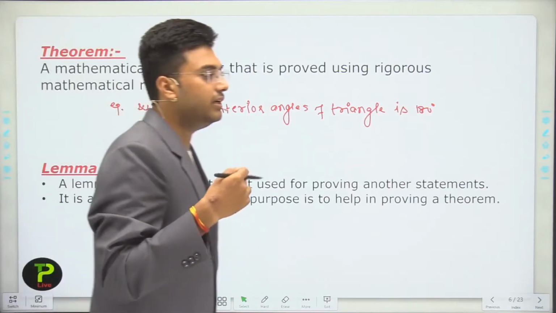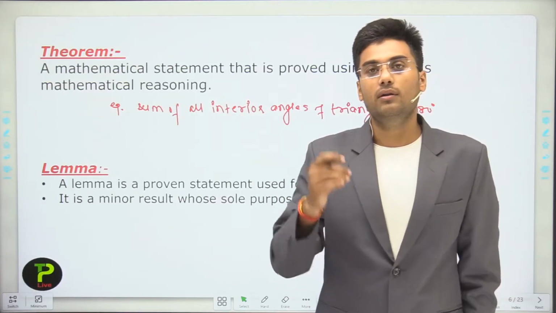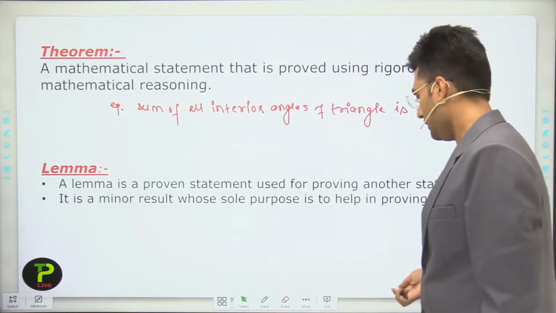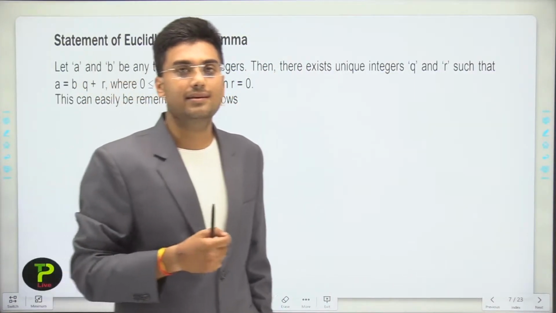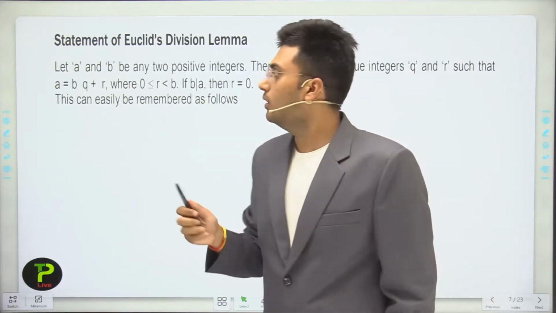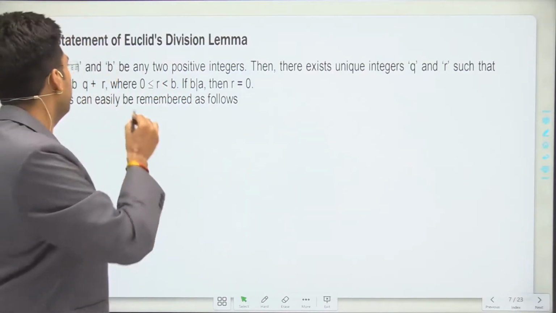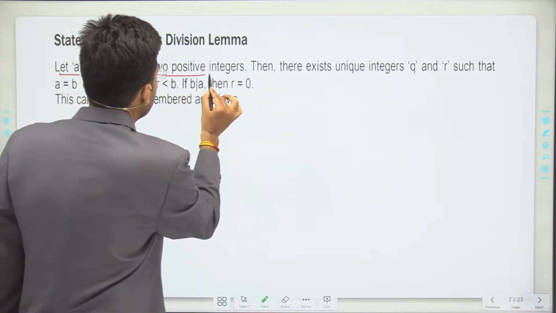So after the introduction of algorithm, theorem and lemma, let's talk about the first lemma of this chapter. What is the Euclid division lemma? Let's discuss the statement of Euclid division lemma. The statement of Euclid division lemma is: let a and b be any two positive integers.